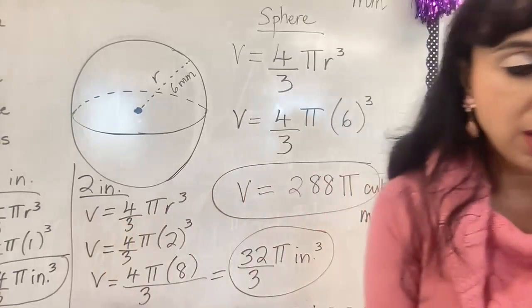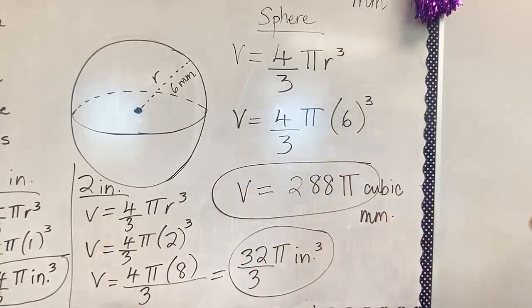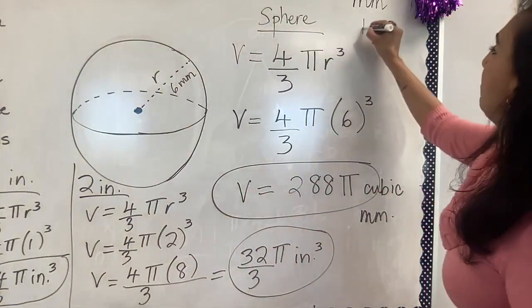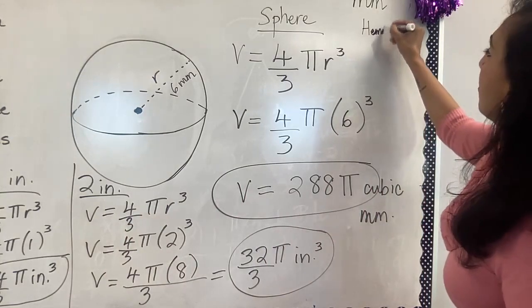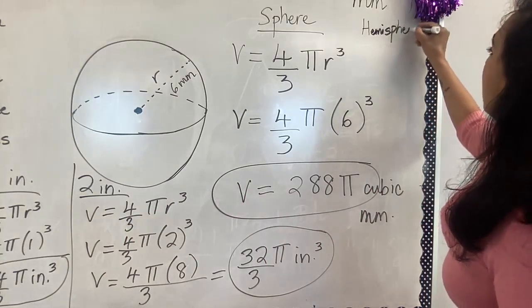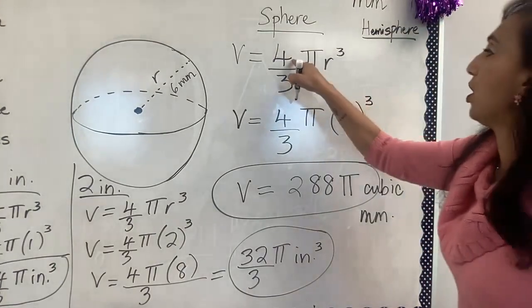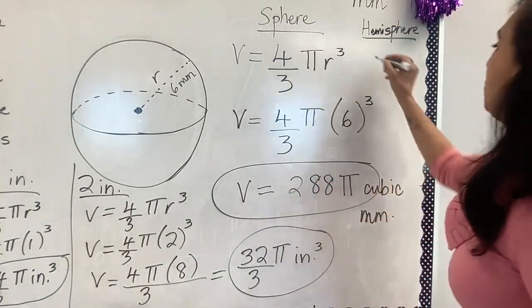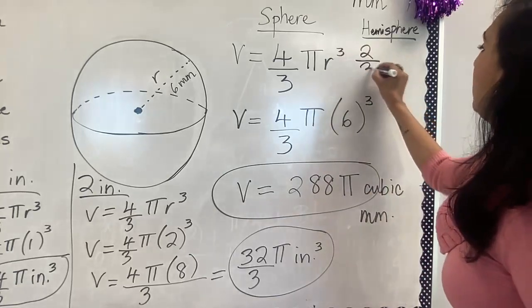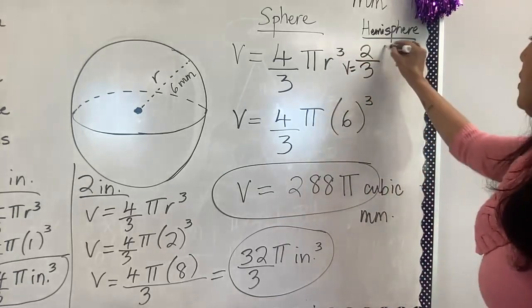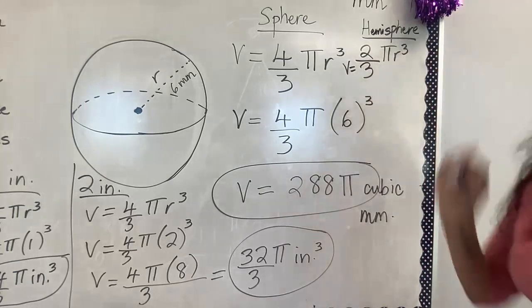So because of that, when I take the volume of a hemisphere, I am going to take half of 4, which is what? 2. So the volume of a hemisphere is going to be 2/3 pi r cubed.